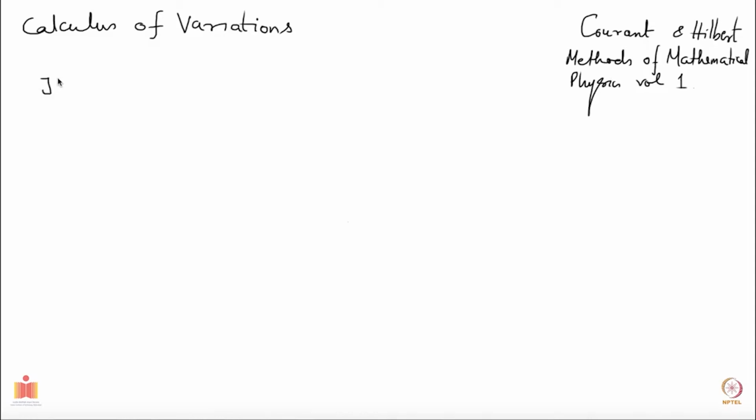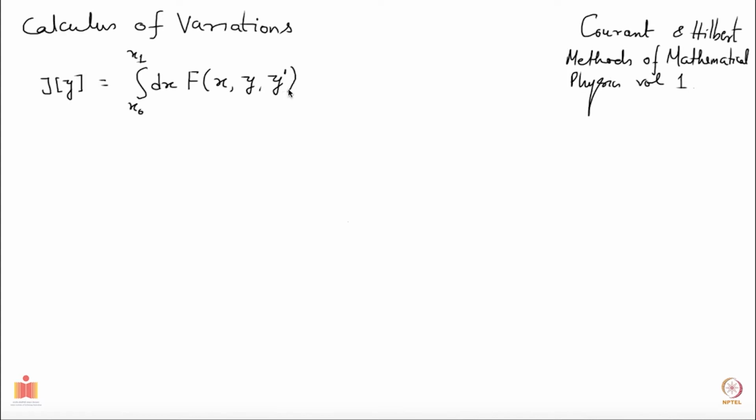You'll have some functional J of y, where y is a function, and the two examples I showed you have integrals of this form. They are all integrals over one variable x, and then you have a function f which depends on the curves y and y prime, the functions y and y prime.